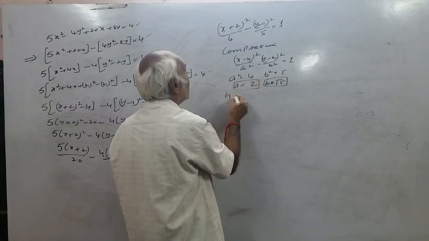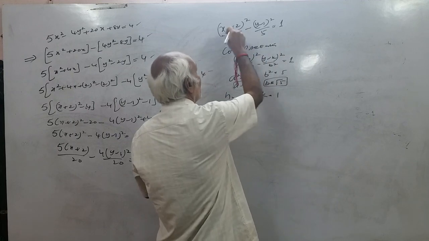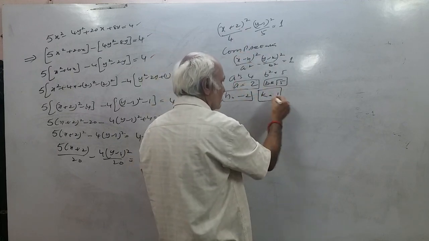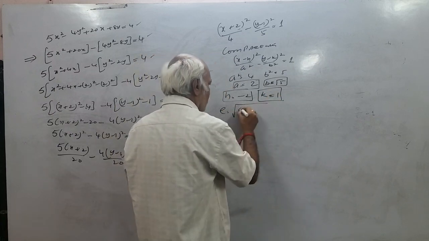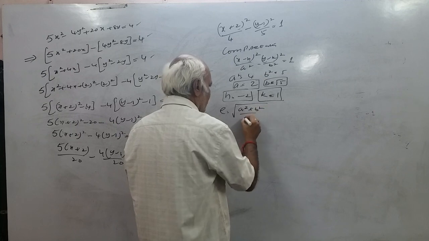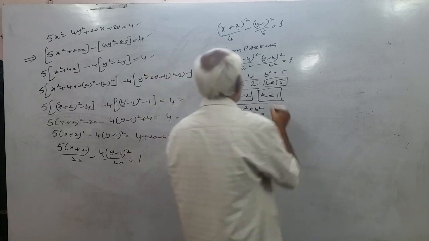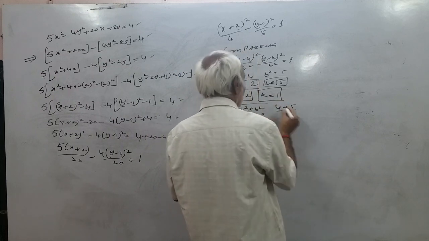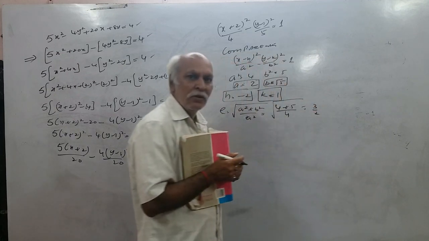Then what is the h value? −2, k value 1, because here x + 2, here x − h, that's why h is equal to −2 and k is equal to 1. Then what is the e formula? √(a² + b²)/a². What is a²? 4. 4 plus 5 by a² value, how much? 4. So e is 3/2.